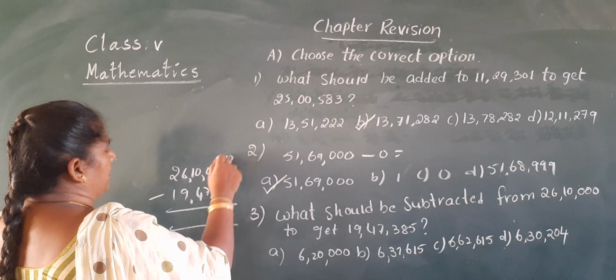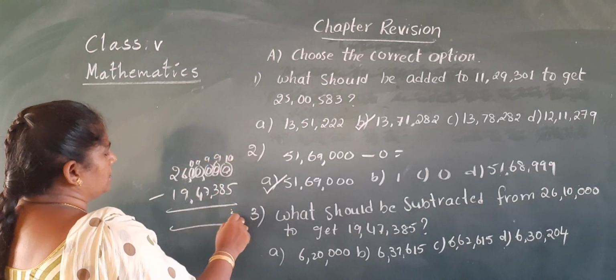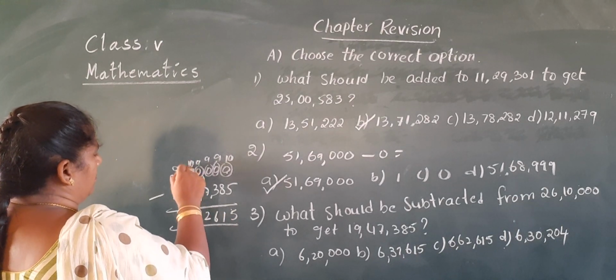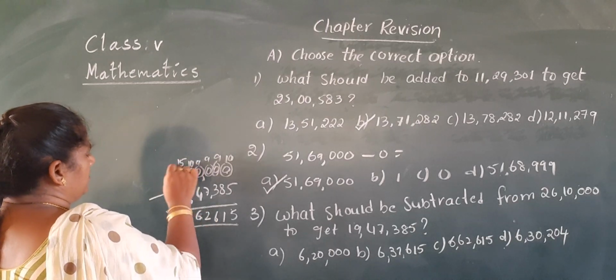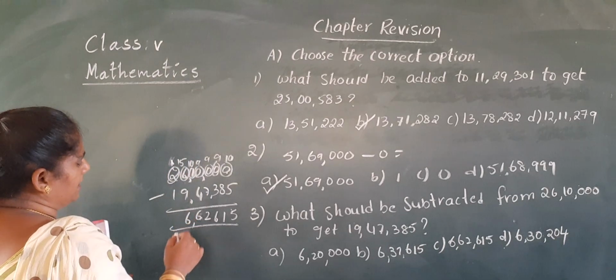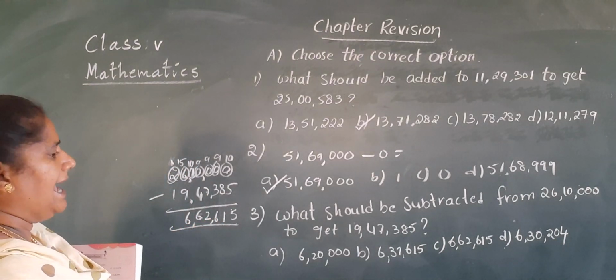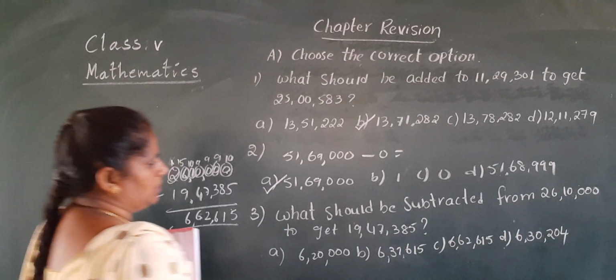So this number becomes 10, 9, 9, 9, 0. So 5, 1, 6, 2, and again borrow. 10 minus 4 is 6, 15 minus 9 is 6, and this is 1, 1 minus 1 is 0. So its answer is 6,62,615. So this is the answer.